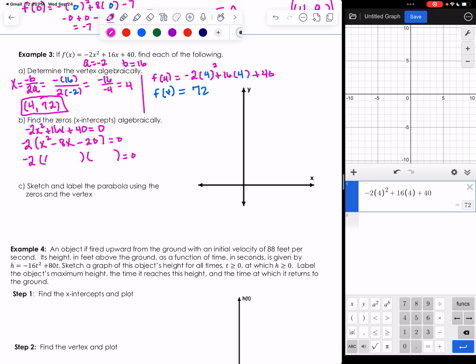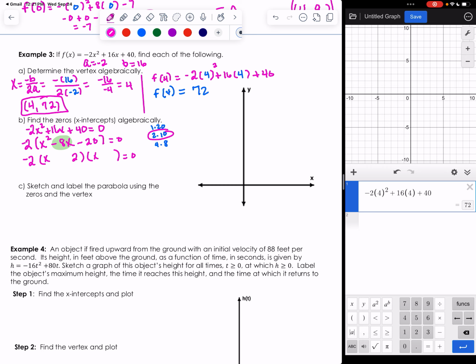So for x squared, I'll use x times x. Now for 20, I could use 1 times 20, 2 times 10, or 4 times 8. But since I'm trying to get a negative 8 as my middle term, that means I'm going to need to use 2 and 10.